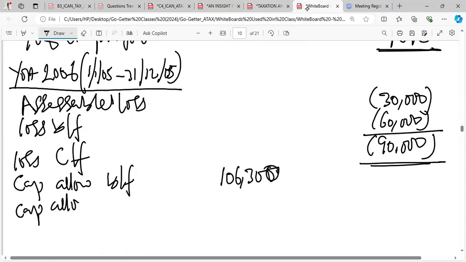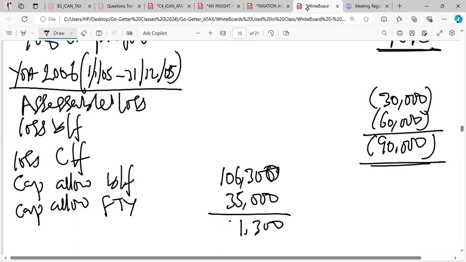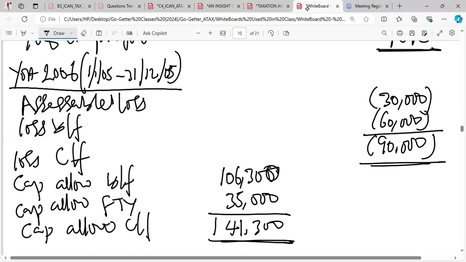Capital allowance for the year, 35,000. So this gives me 141,300. This is capital allowance carried forward, 141,300.